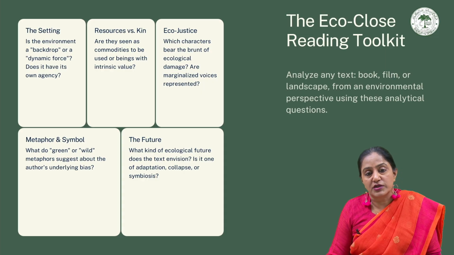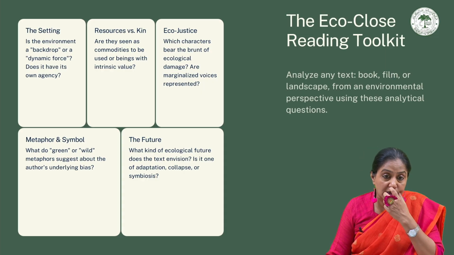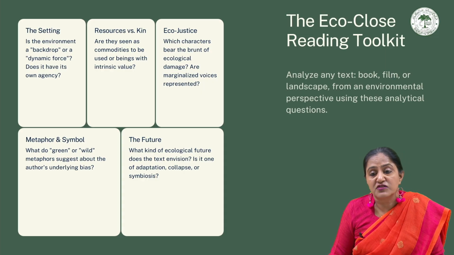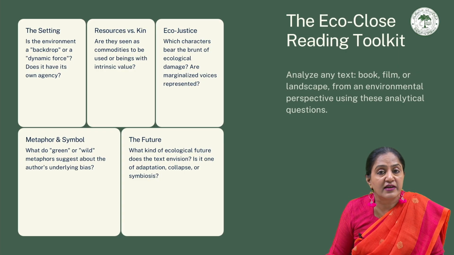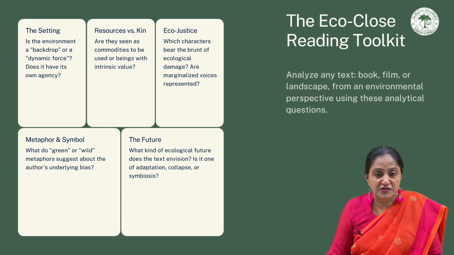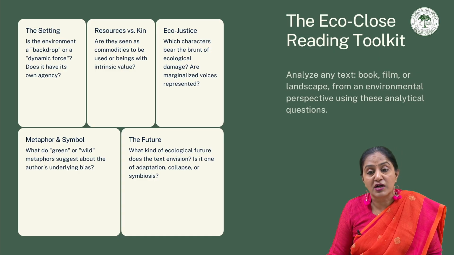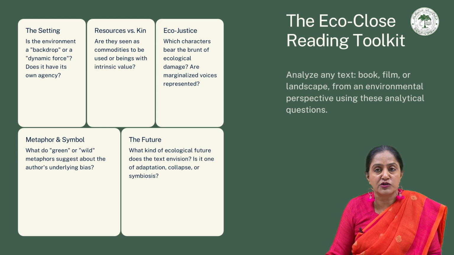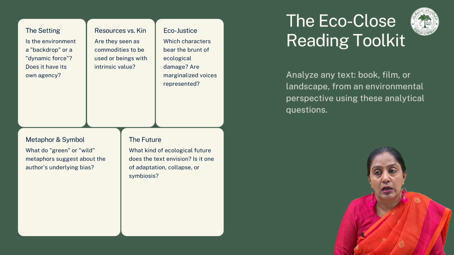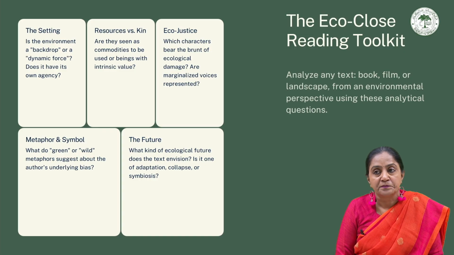The third question is about environmental justice. Who benefits from environmental transformation and who suffers? Environmental damage is rarely distributed equally. Industrial pollution often affects marginalized communities disproportionately. You must have seen pictures of how slum areas are located near the nalas and drains where the industrial waste flows, the harmful chemicals flow.